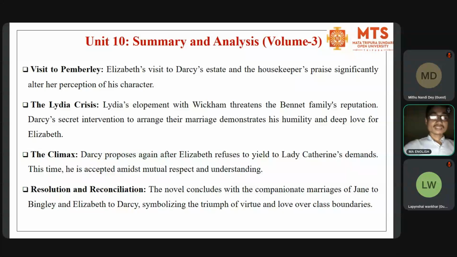So here, Mr. Darcy comes to show his heroism. What sort of heroism? Mr. Wickham is a gambler and liar, and he had also taken loans from many people.